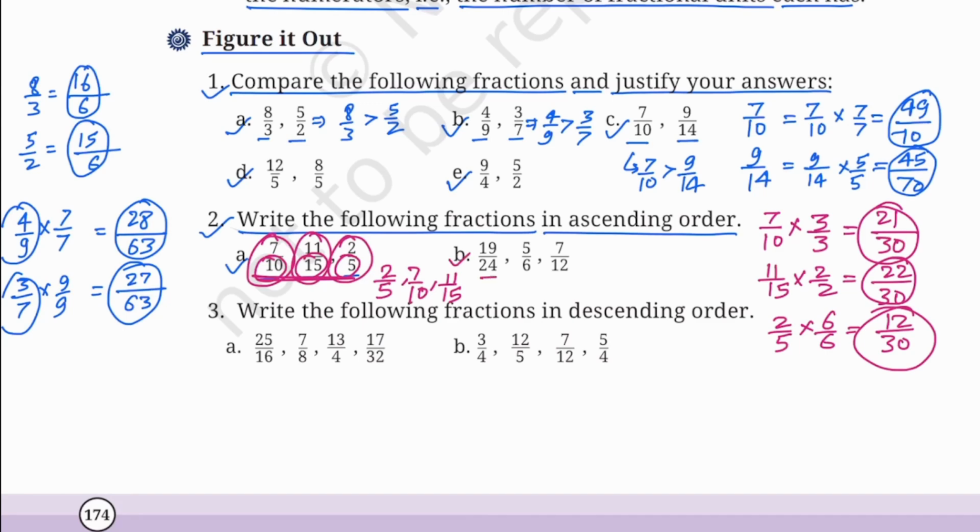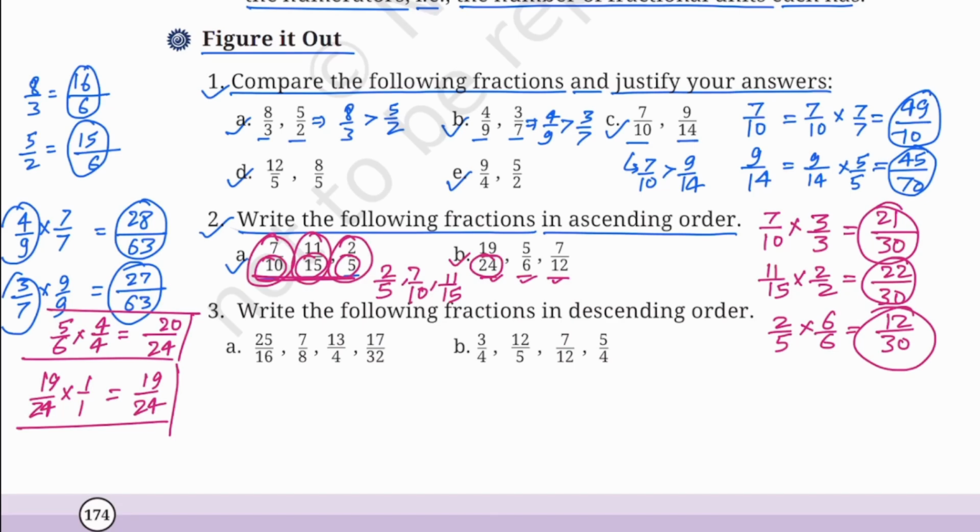B. 19 upon 24, 5 upon 6, 7 upon 12. You can see common multiple of 24, 6 and 12 is 24. So 19 upon 24 can be written as 19 upon 24. Similarly, 5 upon 6 can be written as 20 upon 24.